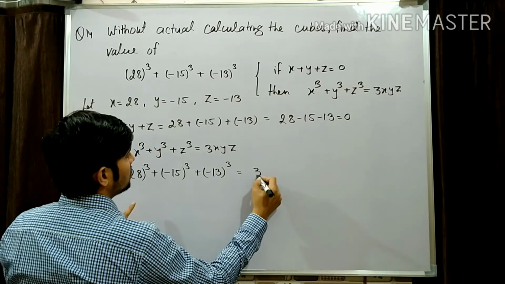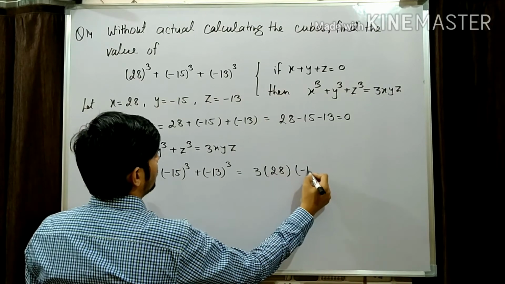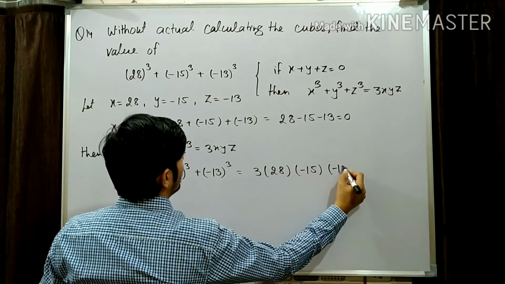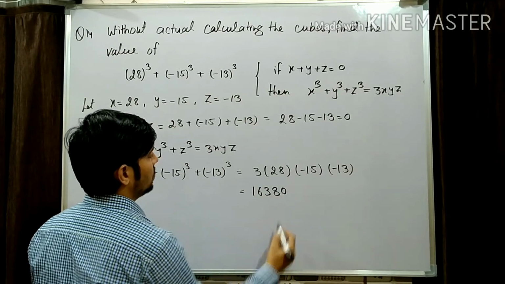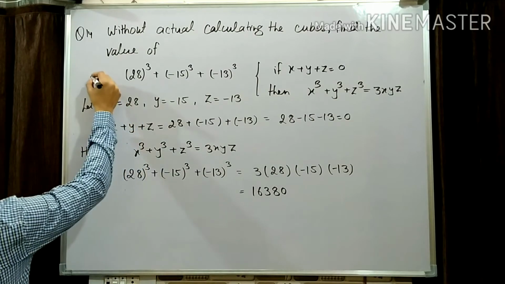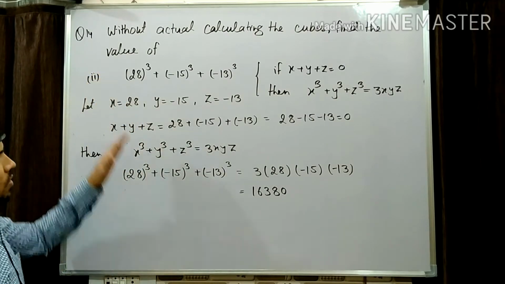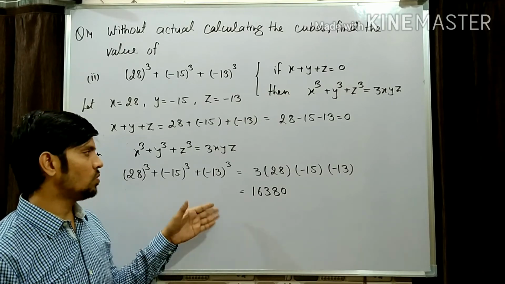And this becomes 3 into 28 into minus 15 into minus 30, which is 380. This is the required answer. This is the second part which I have solved here. This is the second part of your question number 14, and you will try to solve the first part.